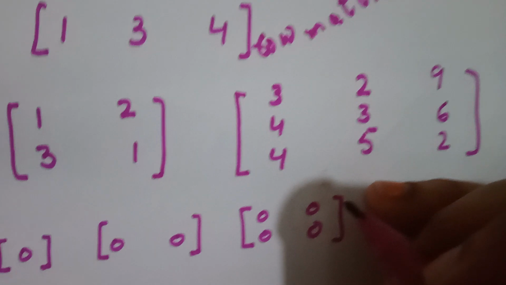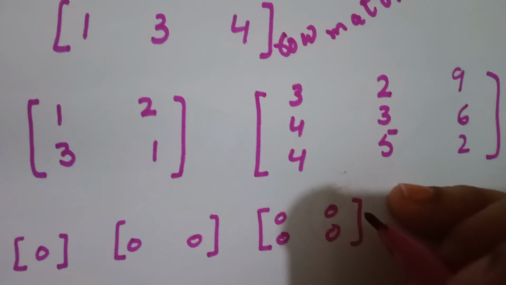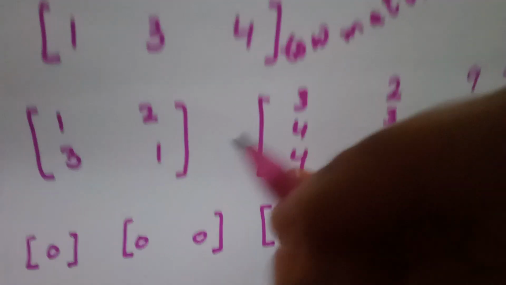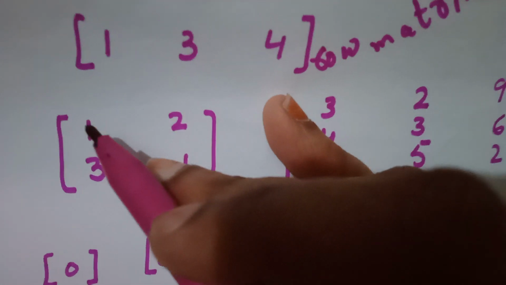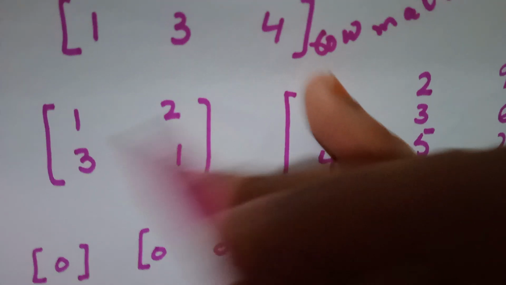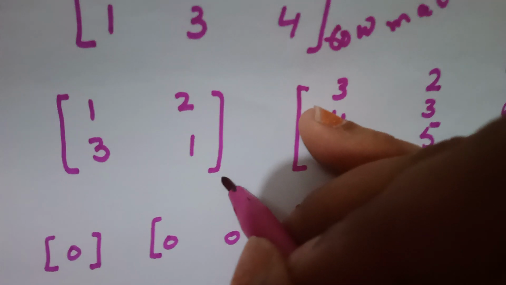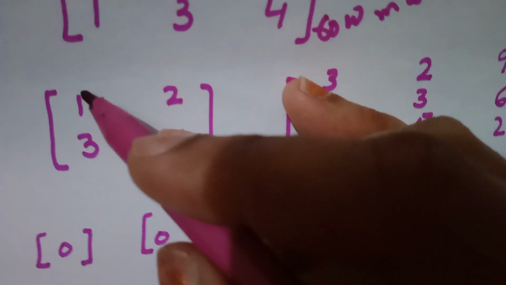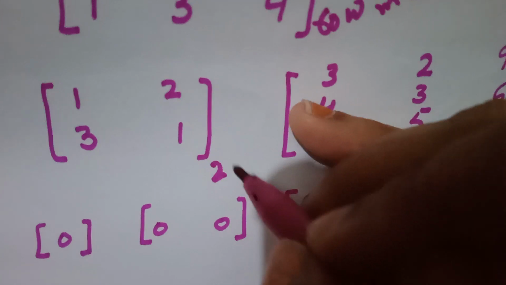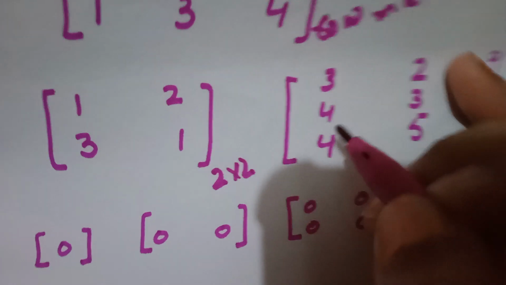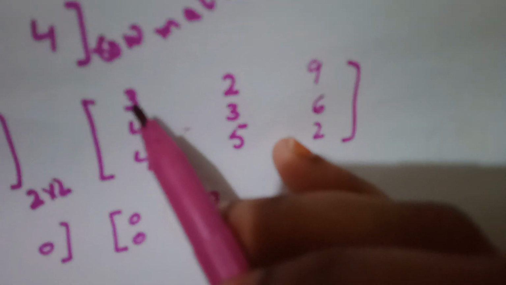In this type of matrix, we have number of rows 1, 2, and number of columns 1, 2. This is a 3 by 3 matrix.